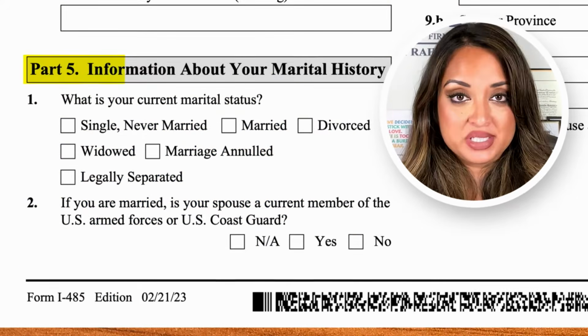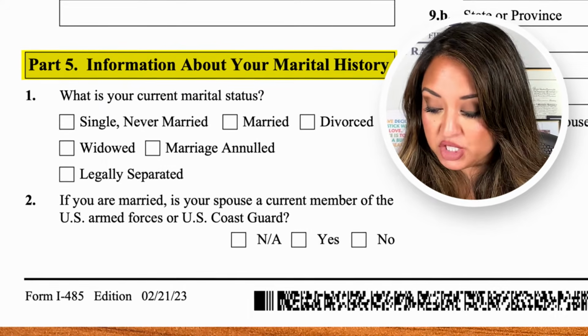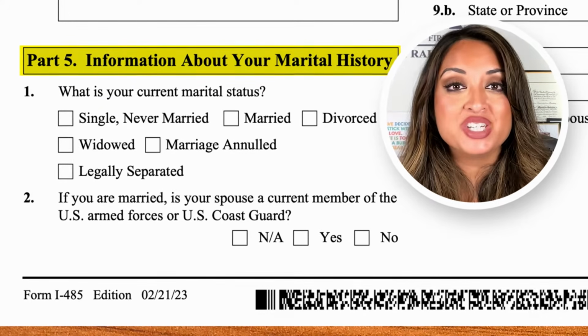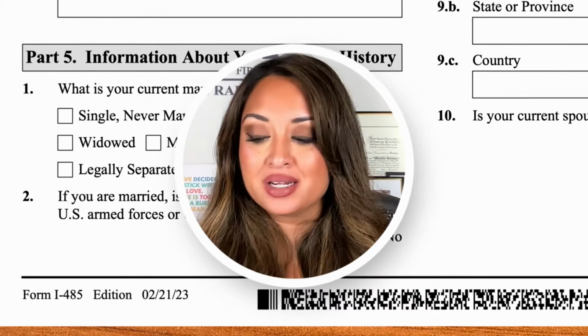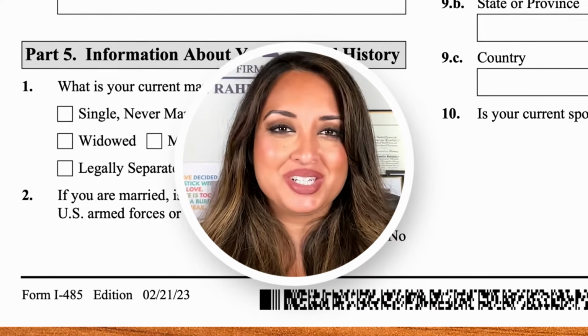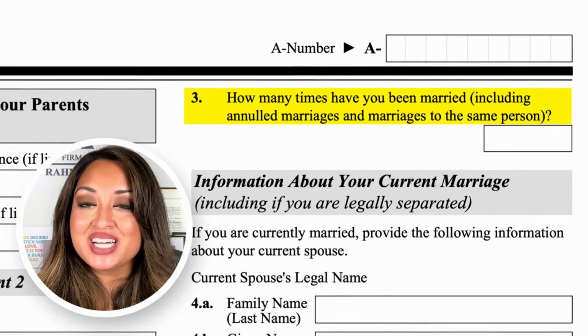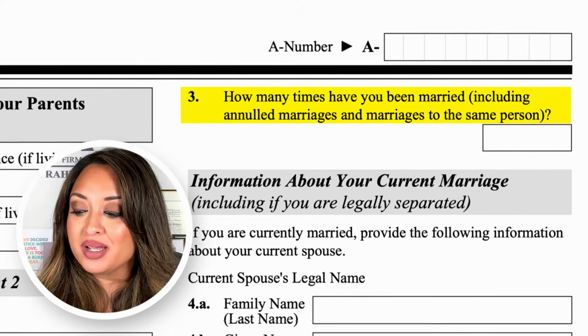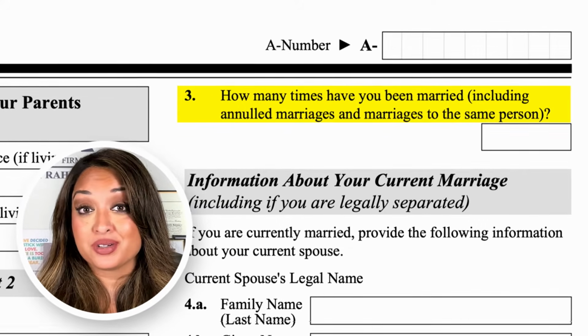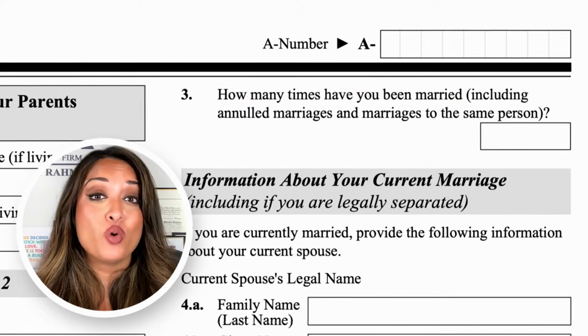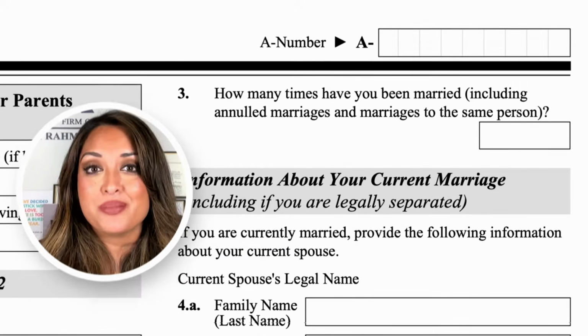And then USCIS will go into your marital history right below that on page 7. Here is where it can get a little bit tricky because this is the type of question that is not really used in normal language. That question is number 3, which asks, how many times have you been married, including annulled marriages and marriages to the same person? If you've only been married to one person and you're still married to them, then that would be 1.